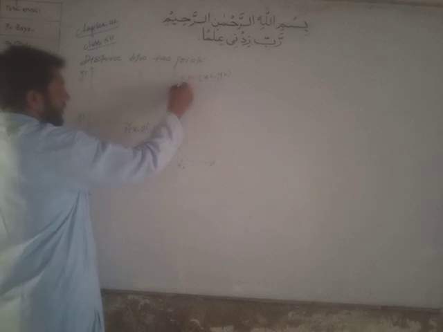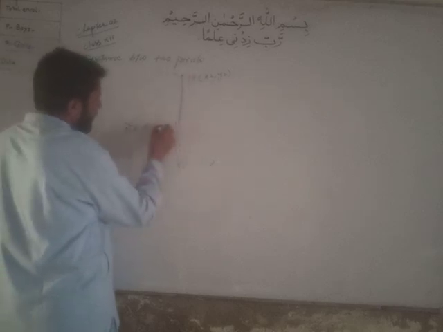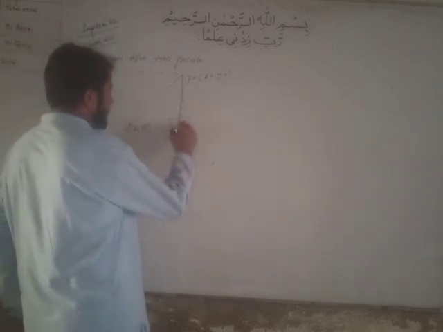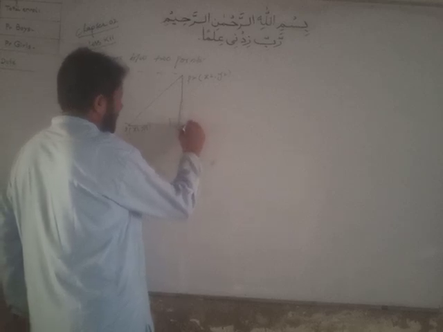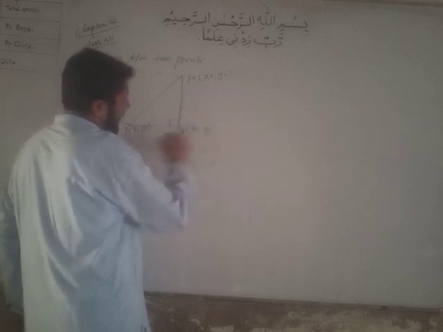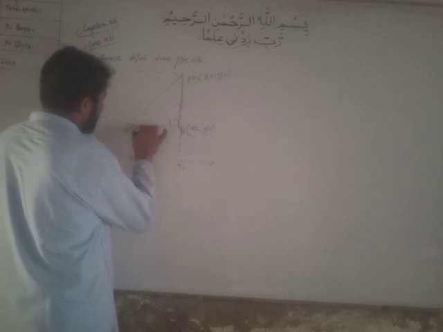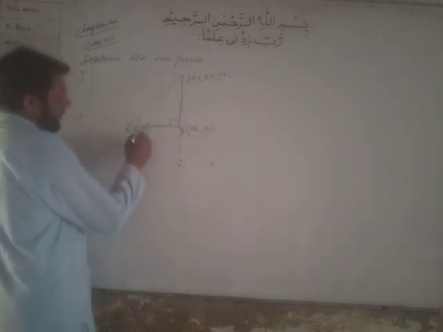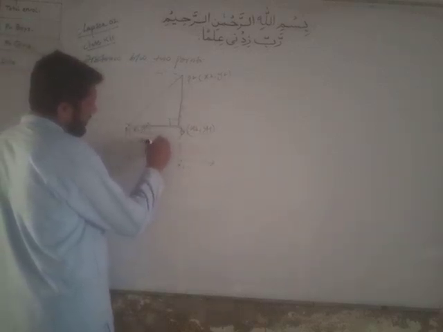From that we can draw this perpendicular line. So this is a right triangle. Here this is the point Q, which will be x2 and y1. The distance of this line is the difference between the 2 points, so it will be x2 minus x1.